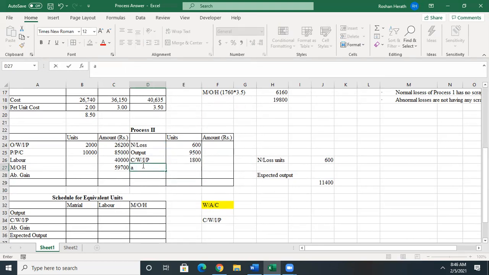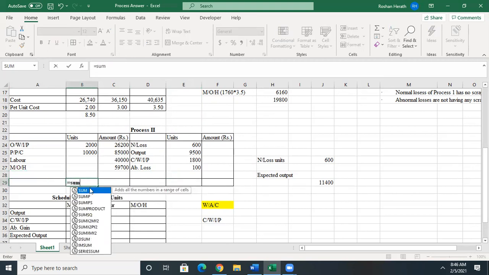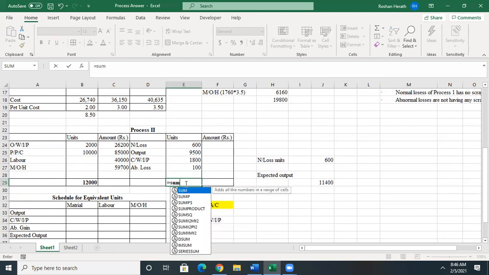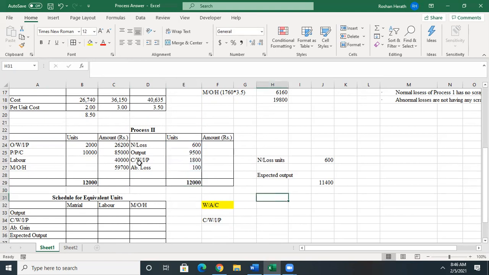It's abnormal loss. The loss that goes beyond is 100. So now if you look at your input, it is 12,000 units. Consequently, the output must also be 12,000. So it is fine.